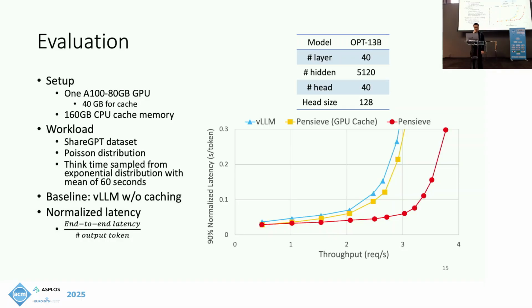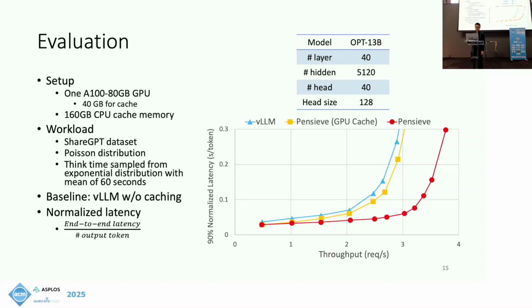For the evaluation, our first experiment uses a single GPU setup with a workload generated using the ShareGPT dataset to sample the user prompts, a Poisson distribution to generate the user request arrival times, and an exponential distribution to simulate the think time, which is the time from when the user sees the model response to when the user sends out the next request. The baseline is an earlier version of vLLM that doesn't cache states across turns, basically the stateless version.